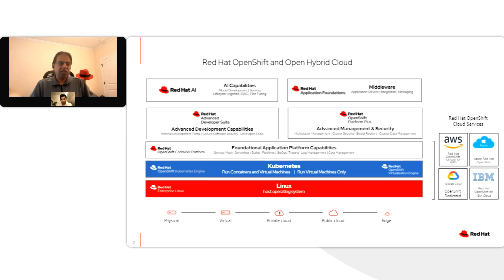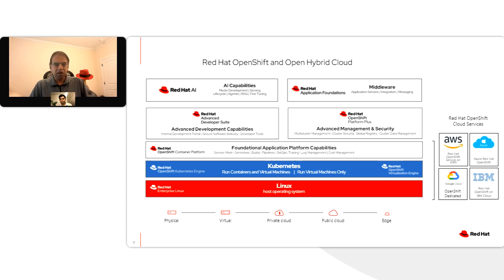And so what you see on top of those are really the foundational application platform capabilities that provide you with the build, test, deploy capabilities, observability capabilities, and these are core things that our customers need when they're deploying and managing applications. And so on top of that, we offer a few other things like the Advanced Developer Suite, and you see OpenShift Platform Plus that includes our advanced management security piece.